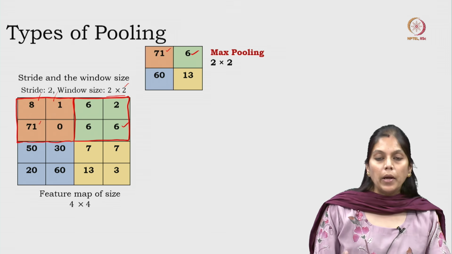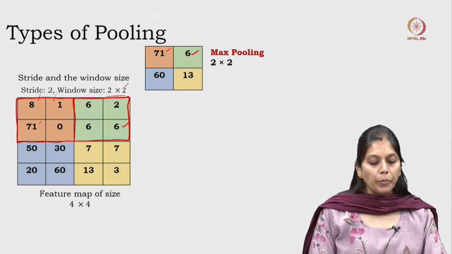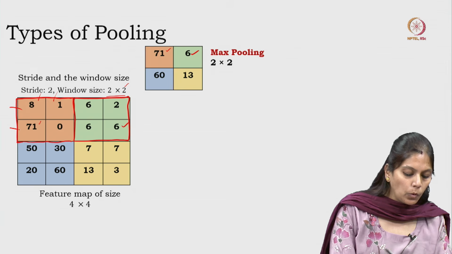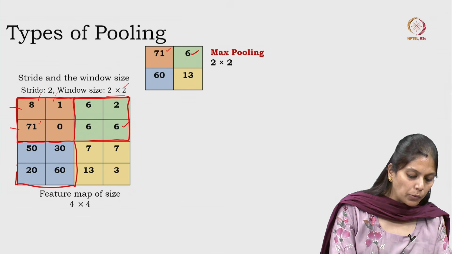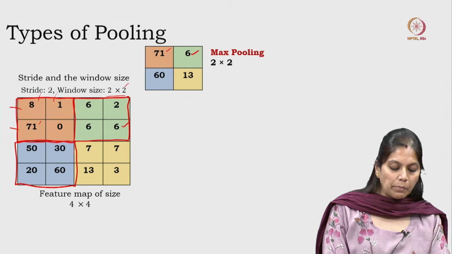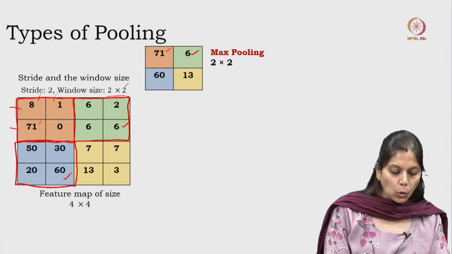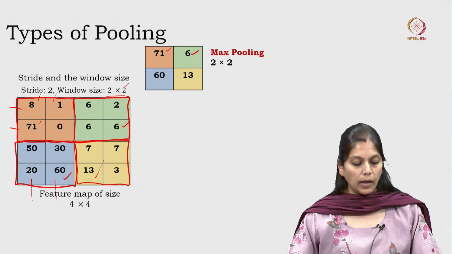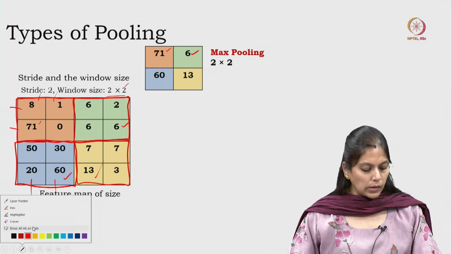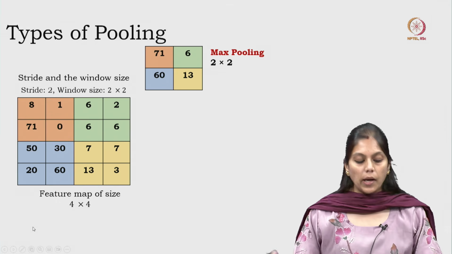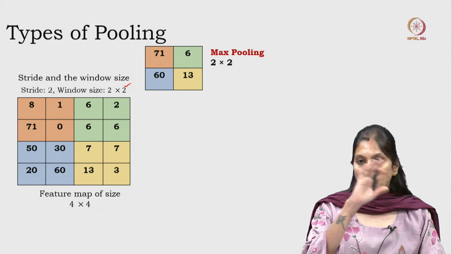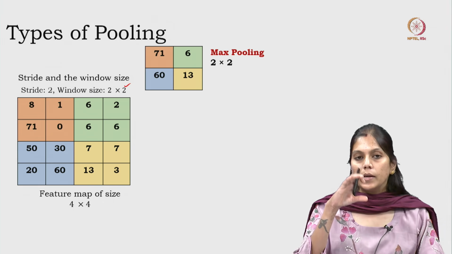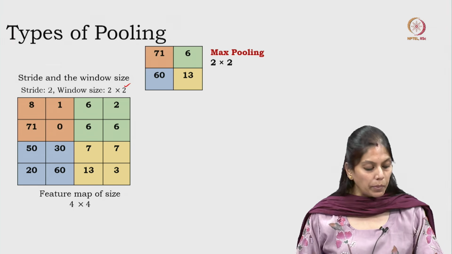Then again stride is 2, so you will leave these 2 and come to this portion. The maximum is 60. Then again you leave 2 and come to this portion, where the maximum is 13.